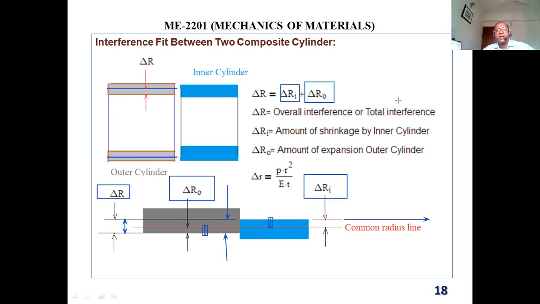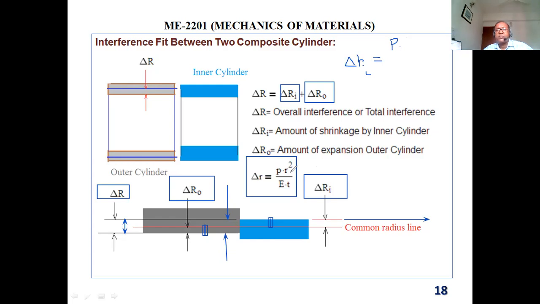Now, if you know both contact pressures, then delta Ri and delta R naught we can figure out using this formula. For example, delta Ri: if you know the contact pressure, then you need to put P into radius.